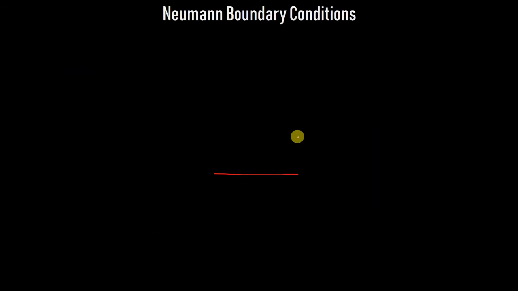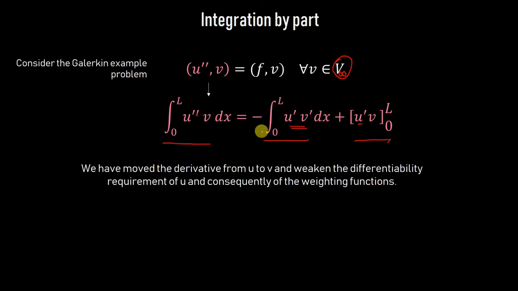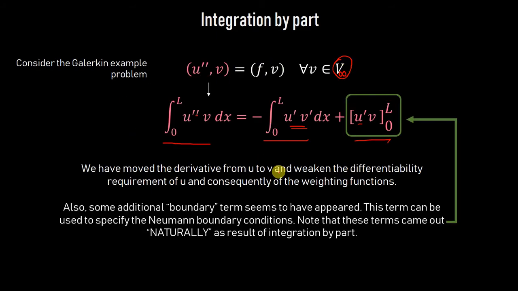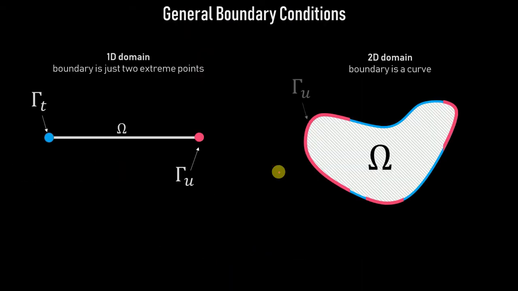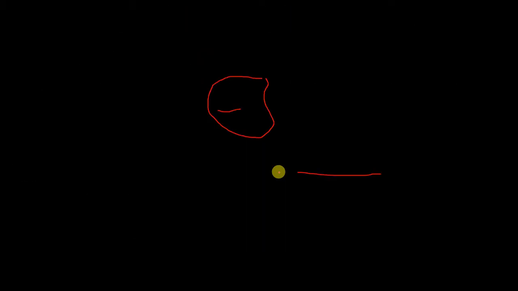What we have done is we have converted this into u dash v dash. So now the differentiability requirement of a trial solution, when we put our trial solution in this expression, is reduced. Let's now move back to where we were.